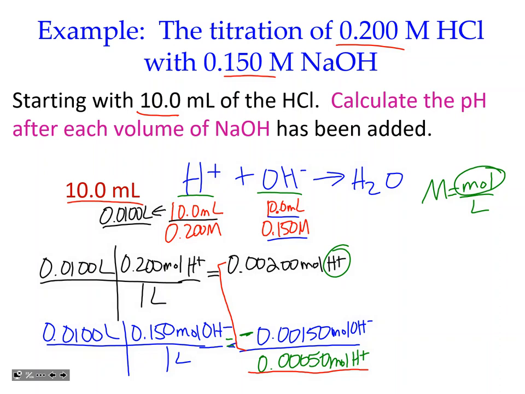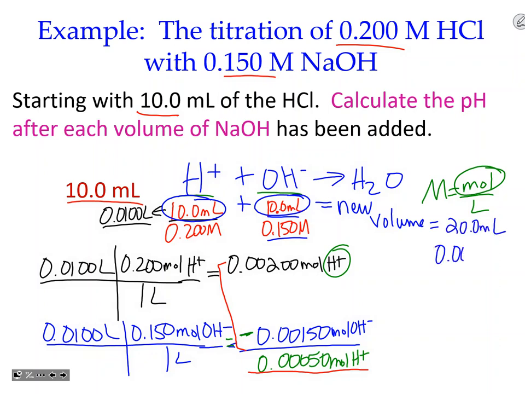So what also changed about our concentration besides the moles? Our volume changed, right? We ended up having 10 milliliters of acid being added to 10 milliliters of base. So our new volume, guess what that is? 20 milliliters, which is 0.0200 liters.